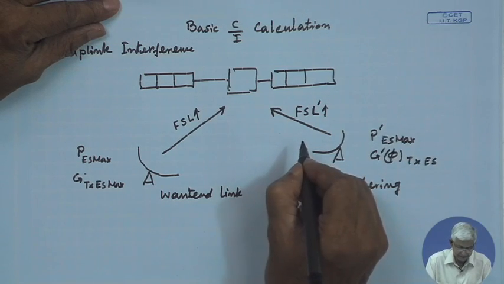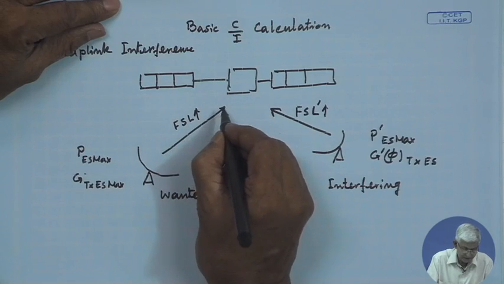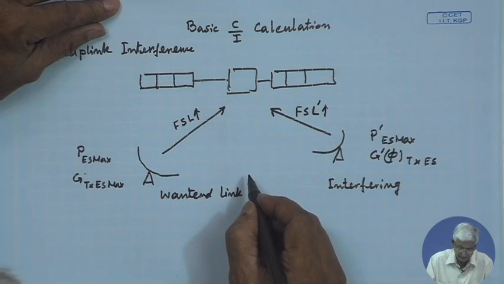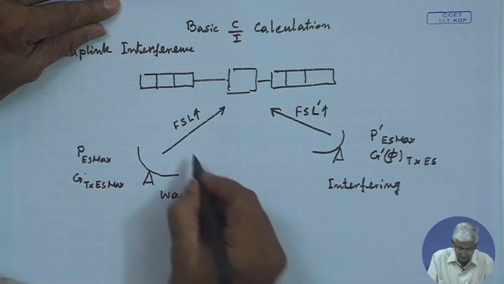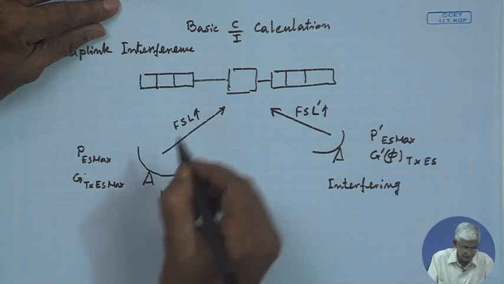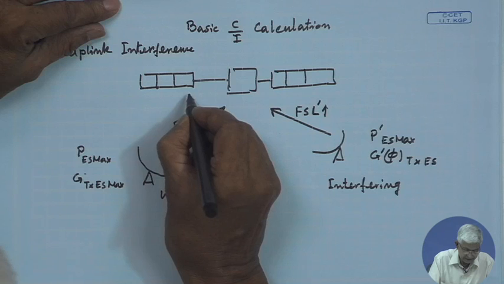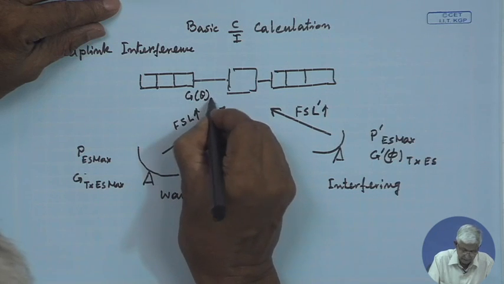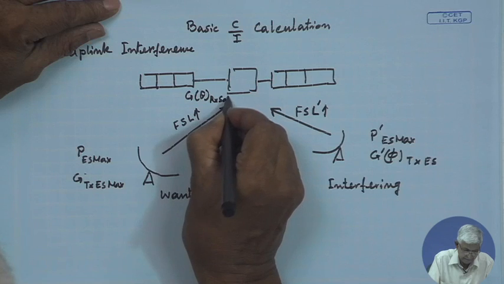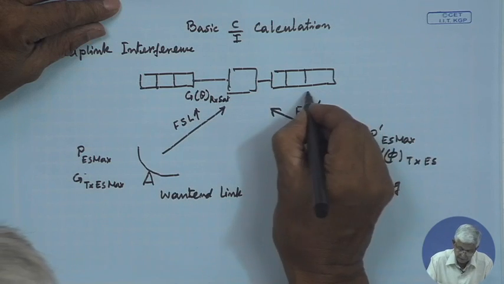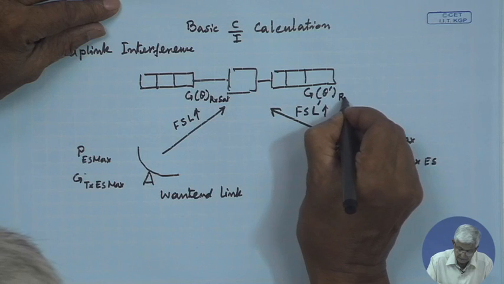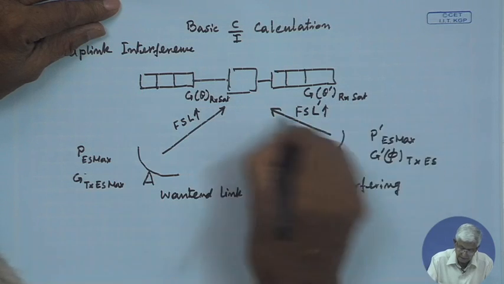So, that is interfering, and at the satellite, since the satellite antenna might be pointing at a bore site which is theta degree away from the wanted station, we will call G theta receive satellite, and here we call G theta dash receive satellite. It may be a slightly different angle.